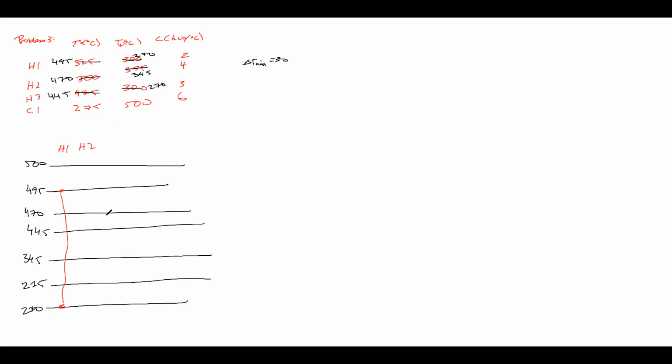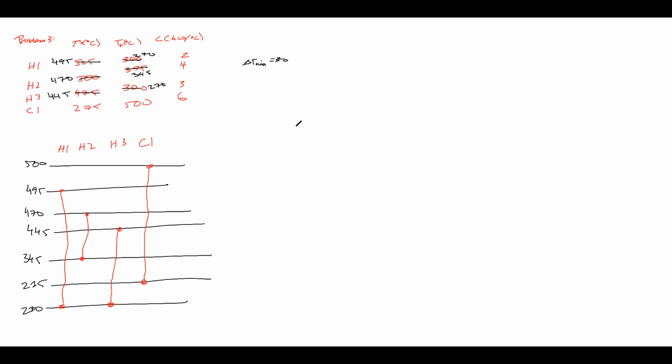H2 is from 470 to 345. H3 is from 445 to 270, all the way to 270. And C1 is from 275 to 500. So the C1 has the biggest delta T. It's fine. Okay, so we have this.